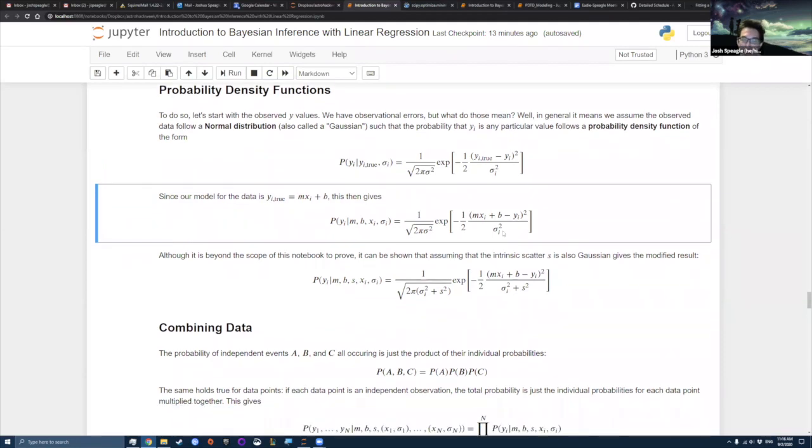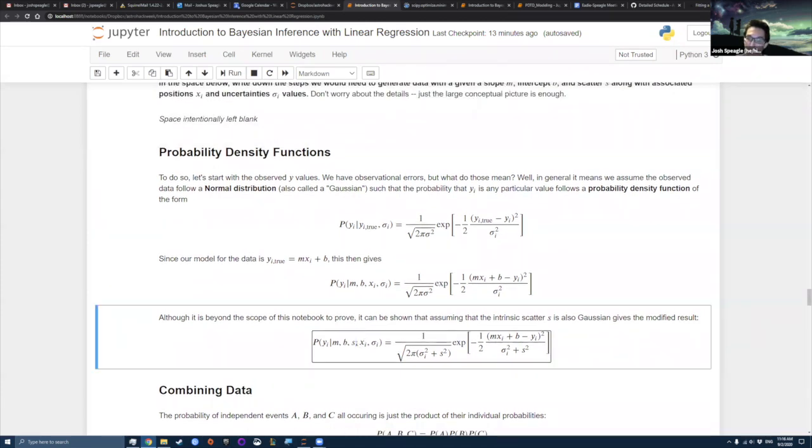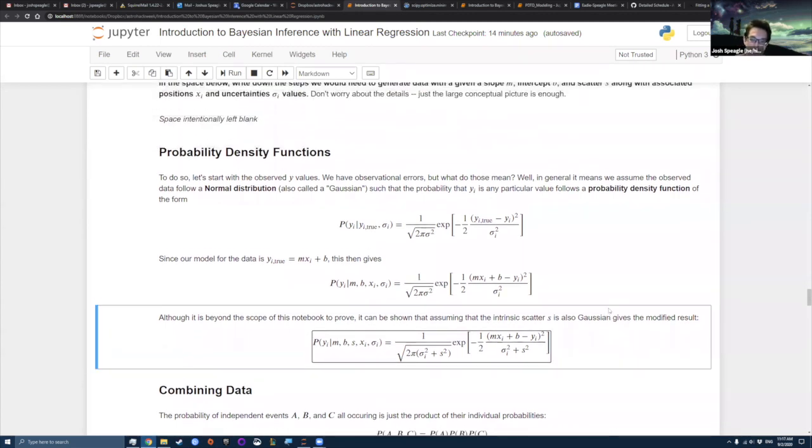The second thing that is so nice is that you can actually show, although it's beyond the scope of this particular notebook to prove it, that if you assume that the scatter S is also Gaussian, you can kind of just add on the errors just like this. And so this tells us that we should actually be adding on these squared quantities rather than the quantities without the square.